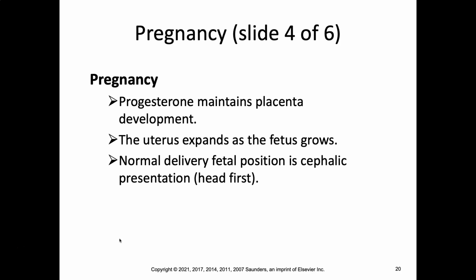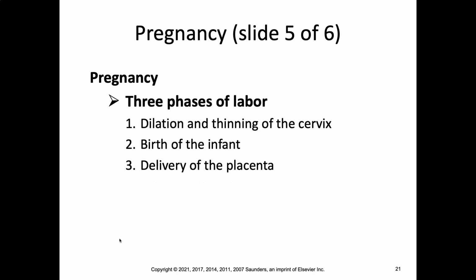The uterus expands as the fetus grows. The normal delivery position of the baby is cephalic, head first. There are 3 phases to labor. And I like to kind of joke that if you've ever been through labor, it sure doesn't feel this way. The 3 phases can kind of feel like worse, and worser.